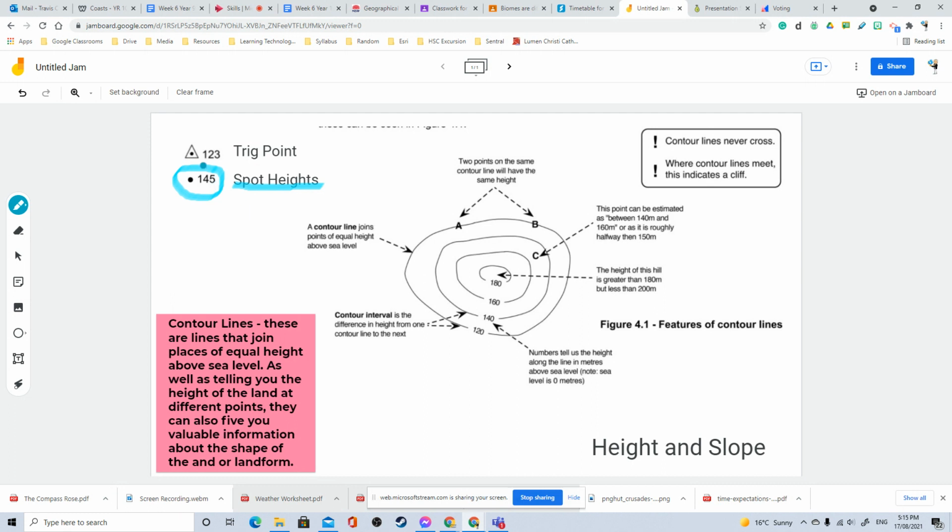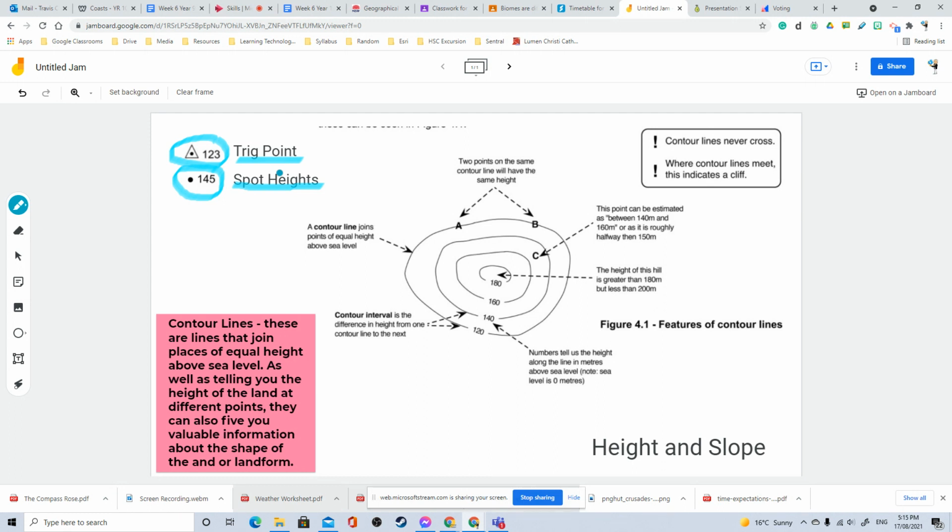The other one we've got here is the trig point. This one here, and the number here is 123 meters. Trig points are major spot heights, which are used as control points in surveying. So, for example, if you're going to put a telecom tower on a higher peak, you would put it at one of these trig locations.